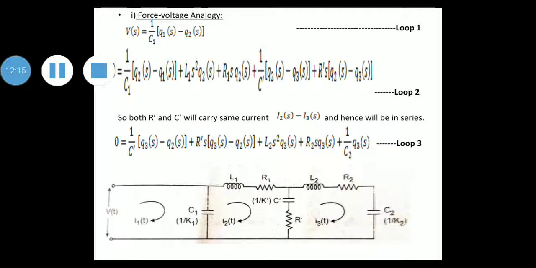Whatever terminology we have used for capacitor, in brackets we have to show its mechanical equivalent, because they are reciprocal terms. C2 is 1 by K2, C1 is 1 by K1, C dash is 1 by K dash.